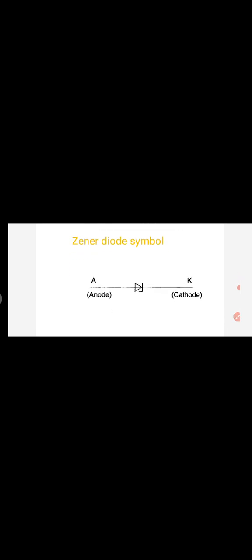Now, what is the symbol of this Zener diode? This Zener diode also has two terminals, just like a PN junction diode. Those two terminals are called anode and cathode. The representation of the Zener diode with respect to the PN junction has a small change at the cathode.